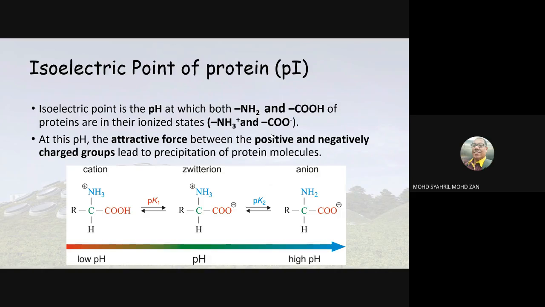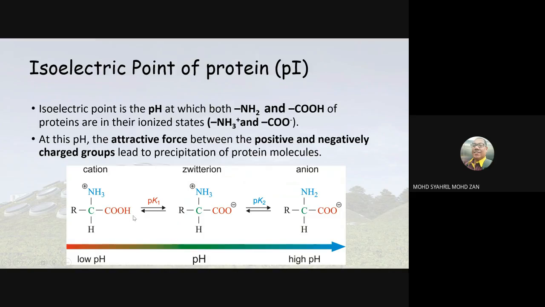So macam mana keadaan dia? So kenapa keadaan tu berlaku? Disebabkan kerana, effect dia okay, at this pH the attractive force between the positively and negatively charged groups lead to precipitation of the protein molecules. Okay, in the lower pH, keadaan berasid. So kita punya amine groups dan juga carboxyl group.